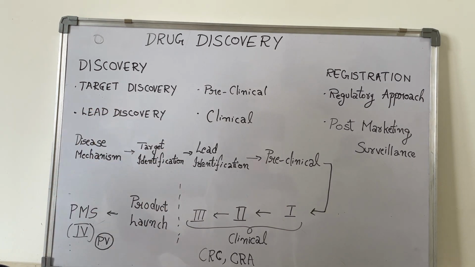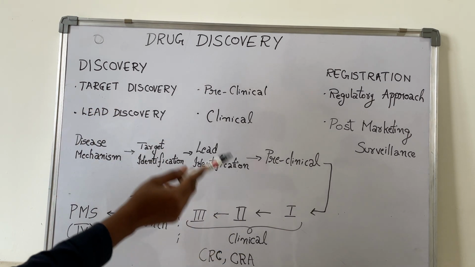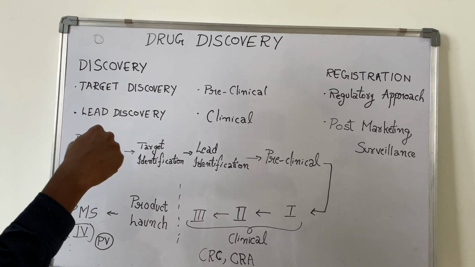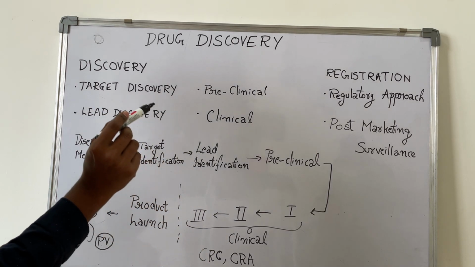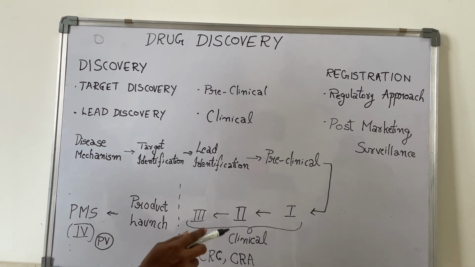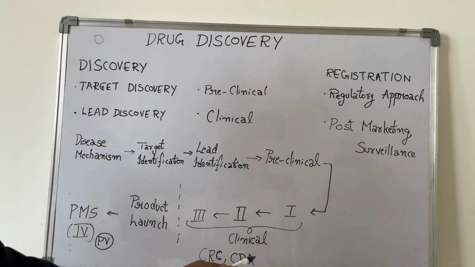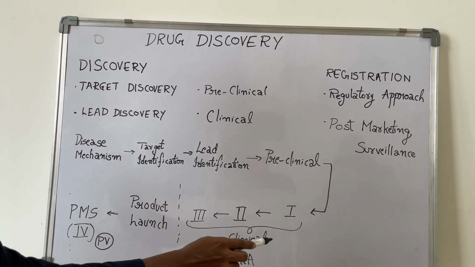And when we come to job opportunities in the drug discovery process, there will be many, but for pharmacy and clinical pharmacy related students, the job opportunities which are more feasible and available are clinical research coordinator and clinical research assistants or associates. These jobs will be available in clinical trial phases.